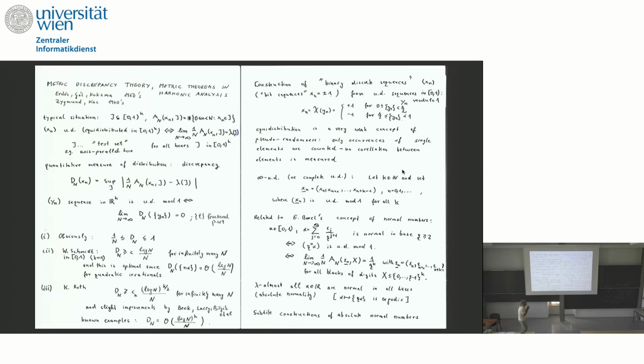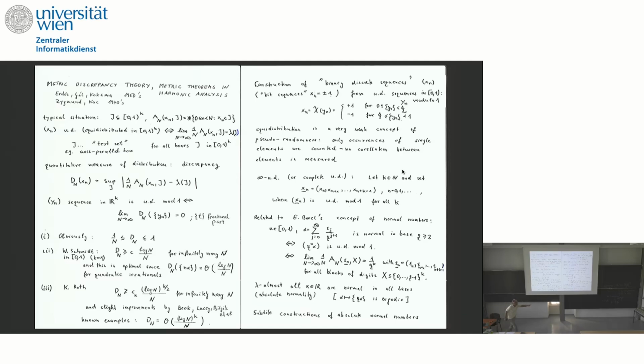And it turns out that this concept is, of course, known to be very old. In fact, it goes back to Émile Borel, so beginning of the last century, who introduced the concept of normal numbers. Yeah? So a number is normal in base q, so in such a number system, if all digits show up asymptotically.